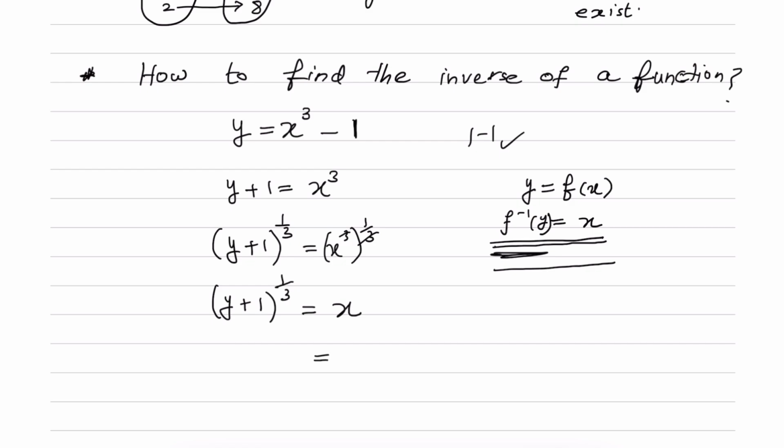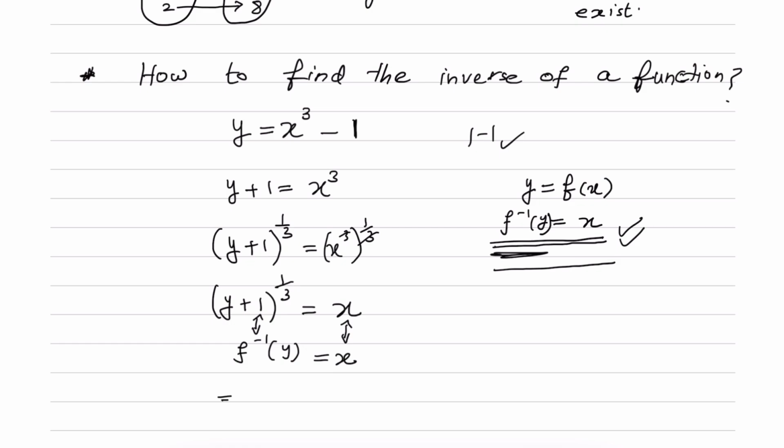So if this is x, recalling this, x is equal to f inverse y. So x as it is, we are going to call y plus 1 to power 1 over 3 as f inverse y. So we are comparing x is equal to x, and this thing now is f inverse of y is equal to y plus 1 to whole power 1 by 3.